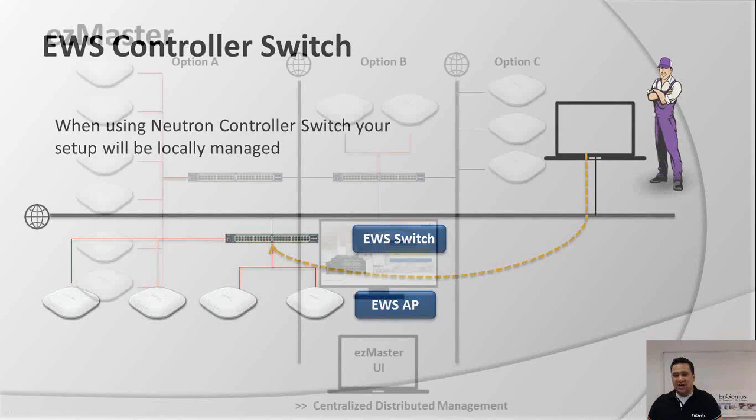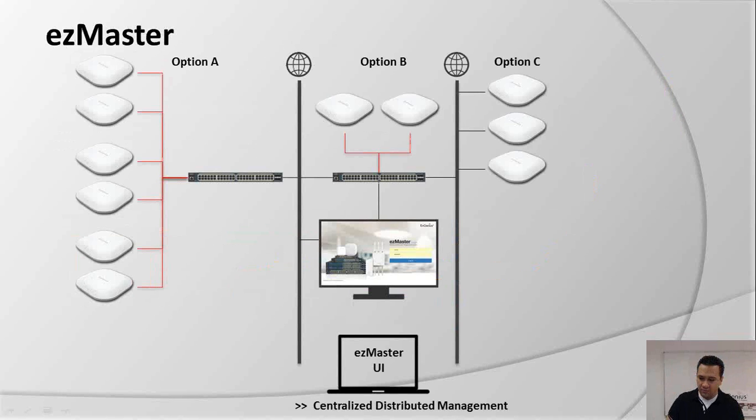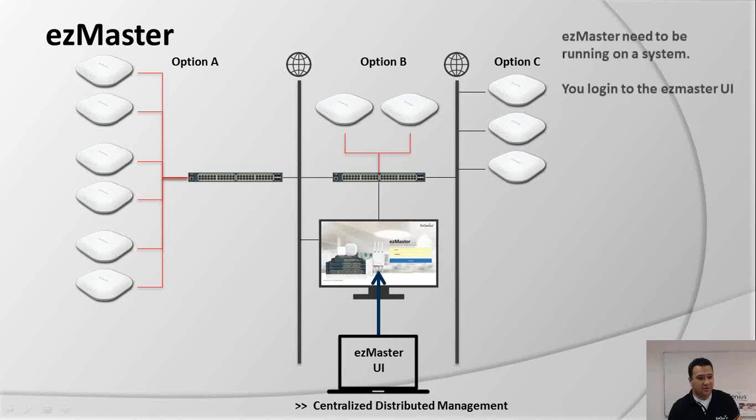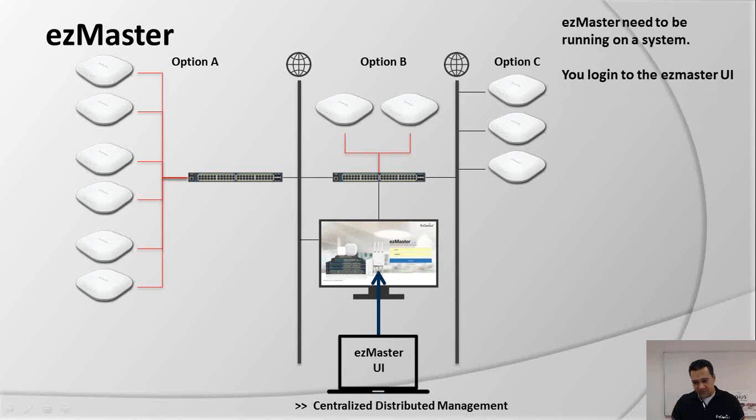If you have ezMaster, you can choose any place where you want to put the ezMaster, because if you want to configure your setup, you just log in to the ezMaster, and it doesn't matter where they are.